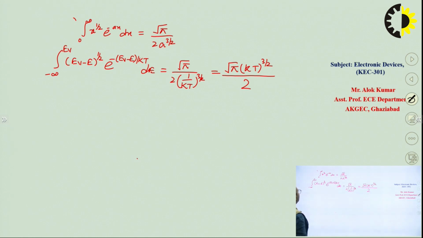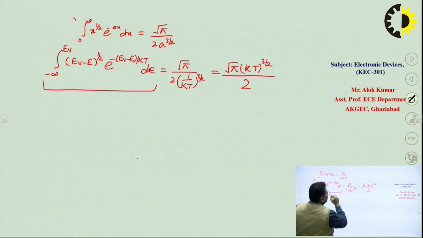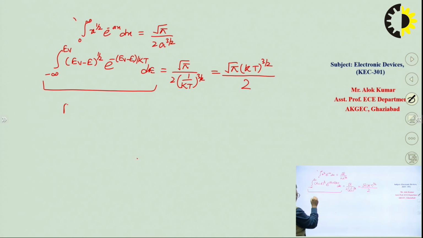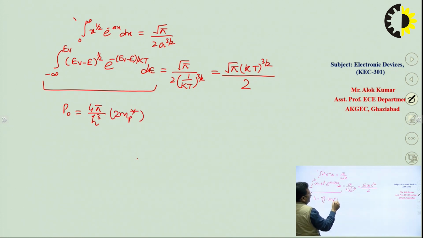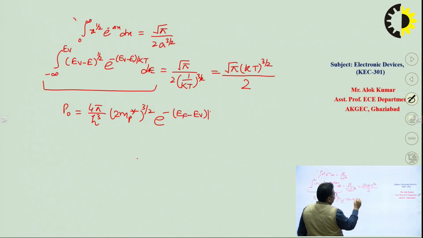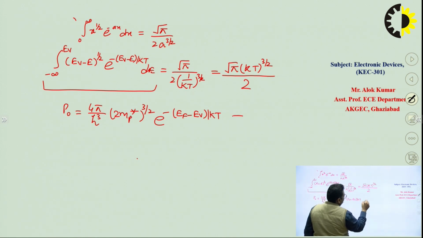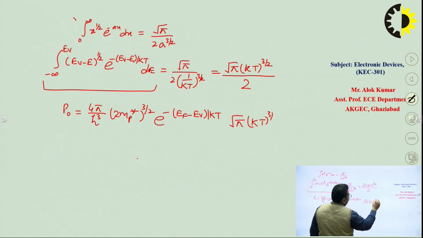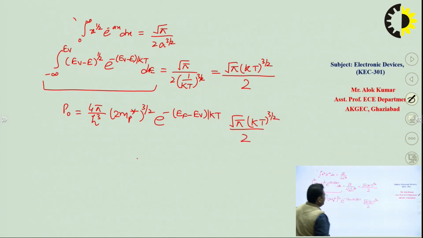So I can use this value in that equation. The final equation will be P naught is equal to 4 pi upon h cube into 2 mp star to the power 3 by 2, into e to the power minus EF minus EV divided by KT into under root pi into KT to the power 3 by 2 divided by 2.